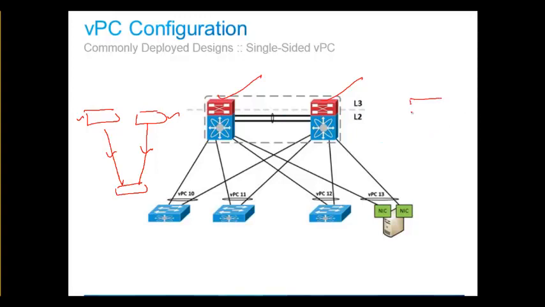For a port channel, when the negotiation happens to bundle these two links, these two links should be connected to the same switch ID, the same switch. Only then will this bundle come up. That is how LACP is designed, PAgP is designed. But we are expecting a bundle here, which is possible. It is possible through vPC.